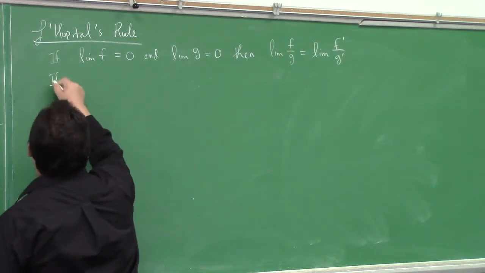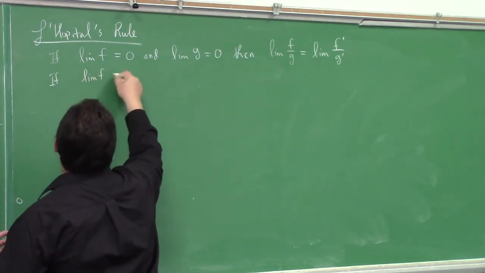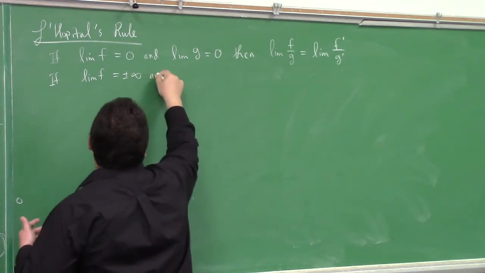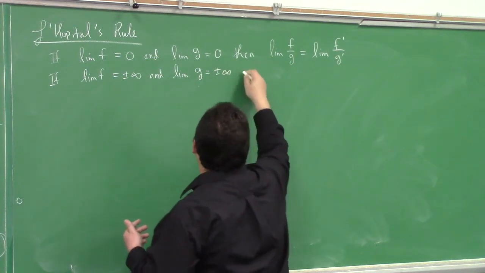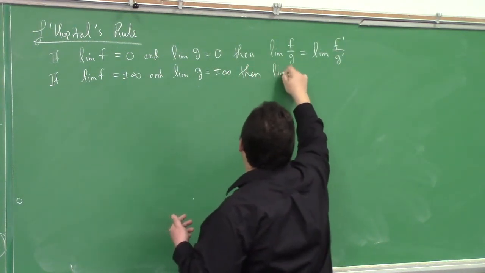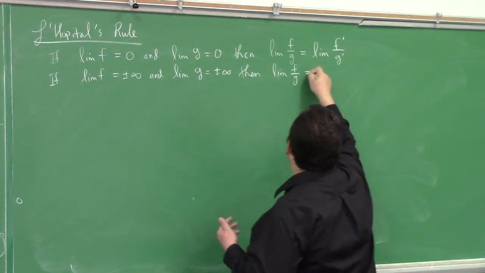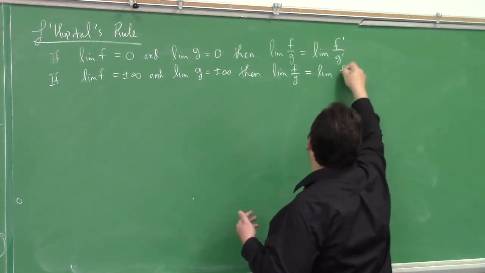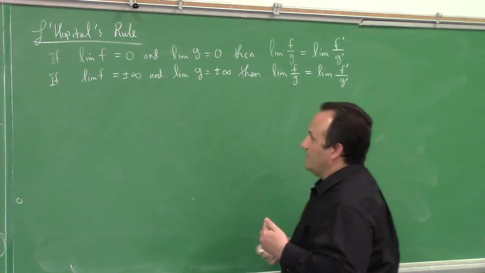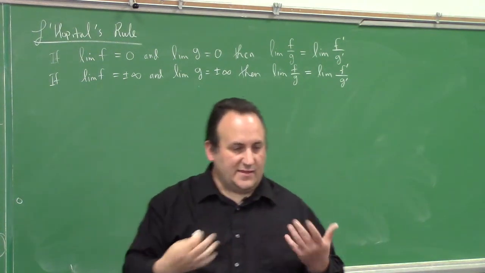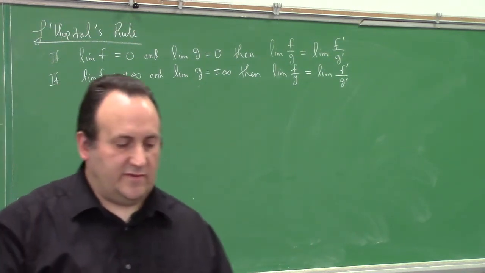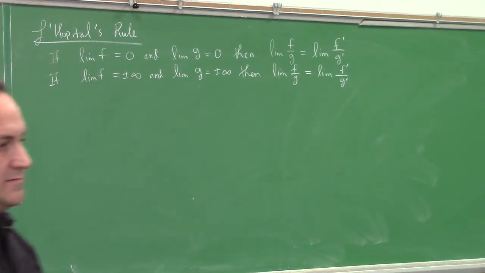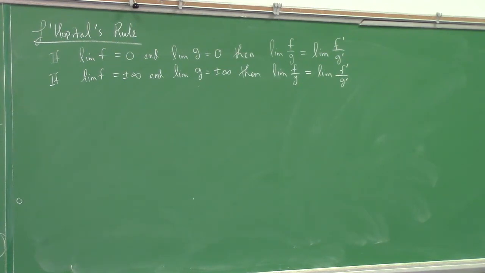If the limit of f is plus or minus infinity and the limit of g is plus or minus infinity, then the limit of the quotient of f over g is equal to the limit of f prime over g prime. And this statement holds whether or not the limits on the far right of these expressions exist. So it's meant to include the cases that the limits are divergent.